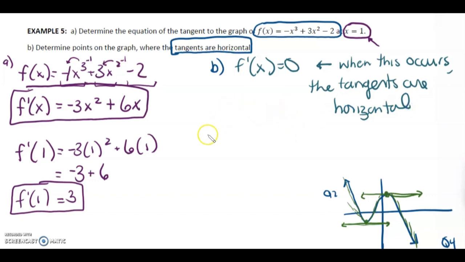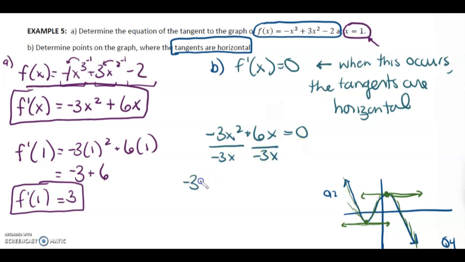Okay, in other words, when negative 3x squared plus 6x equals 0, the tangents are horizontal. So in order to solve for this, negative 3x squared plus 6x, I'm going to factor out just the common factor, negative 3x, out of each of these terms.